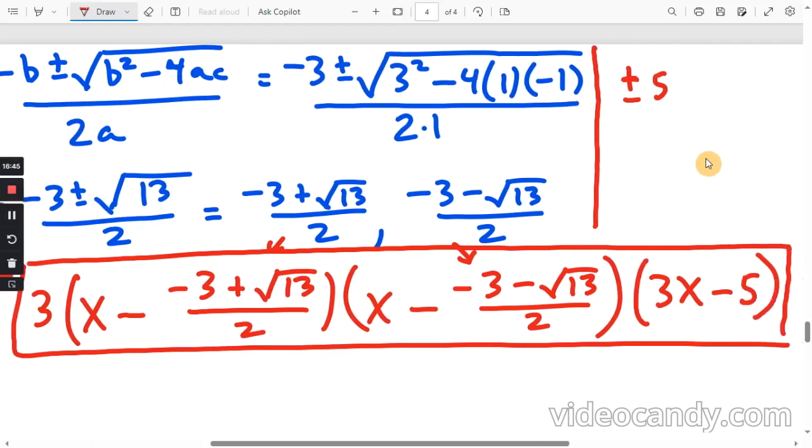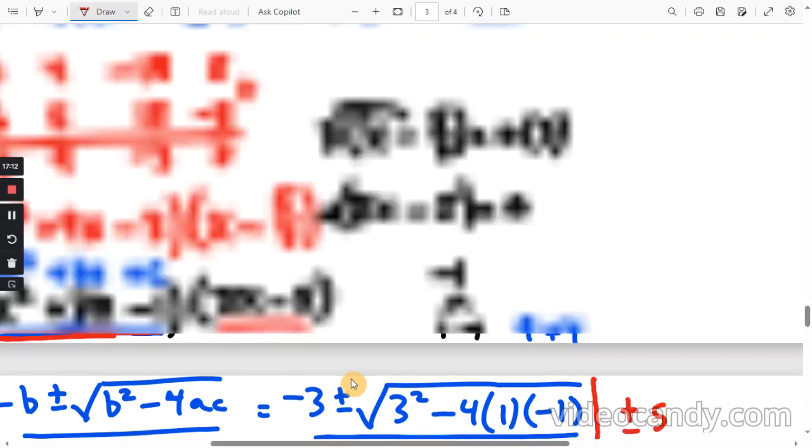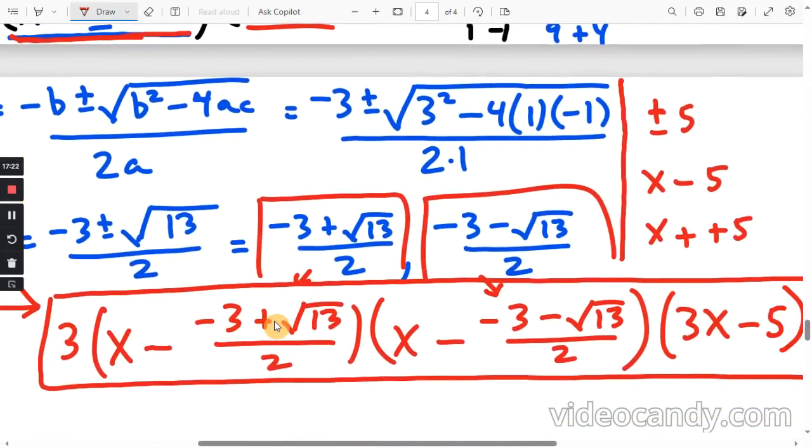So the factored form would be x minus positive 5 and x minus negative 5, which would be the same as x plus 5. So whatever numbers you get for the quadratic formula, you have to subtract those from x. So I subtracted this from x, and I subtracted that one from x as well. So that's what you have to do when you use quadratic formula. The only way to break this up was to use quadratic formula. We couldn't factor it beyond the 3. We couldn't factor it the easy way, so we had to use quadratic formula.